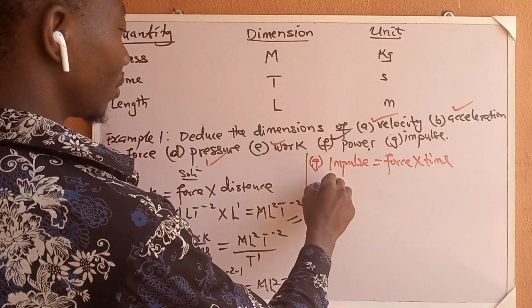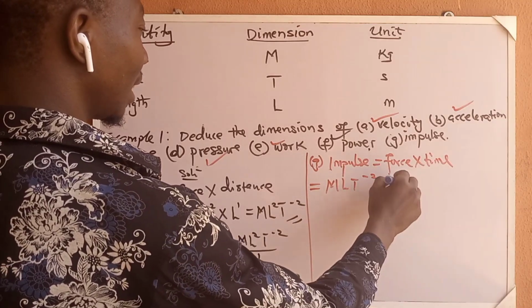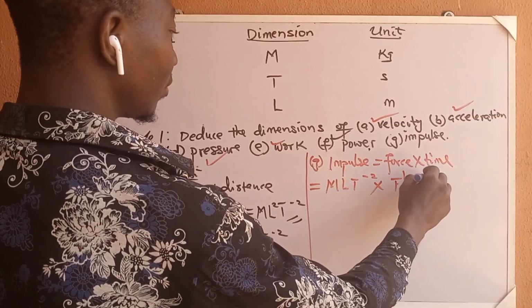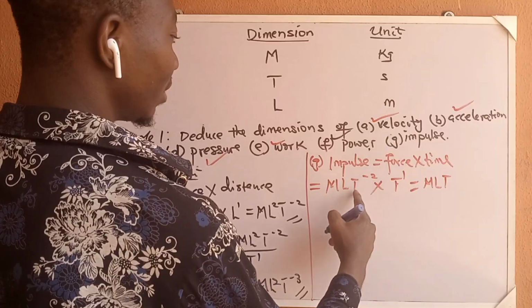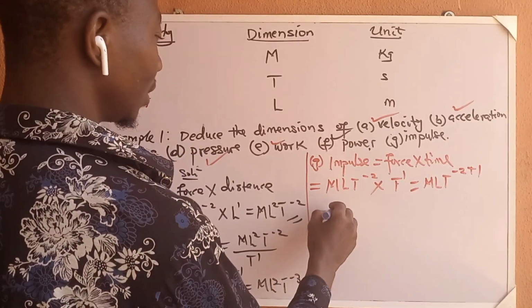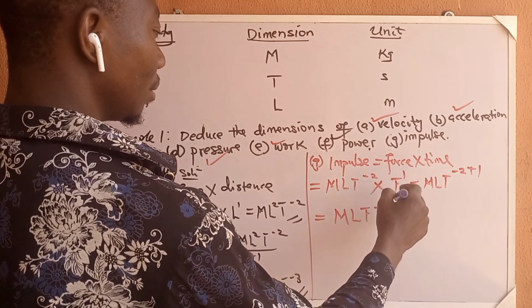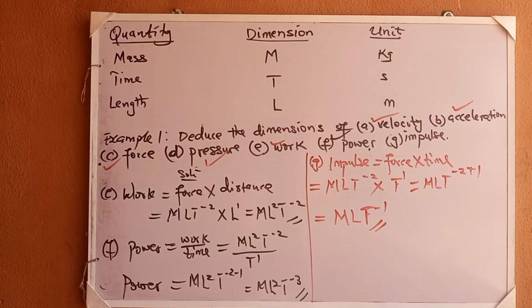The dimension of force is MLT minus 2 multiplied by time, that is T. And this is T to power 1. This gives us MLT by indices. Numbers of the same base multiply, we add their powers. This is minus 2 plus 1. So this gives us MLT minus 1. And this is the dimension of momentum because impulse and momentum have the same dimension.